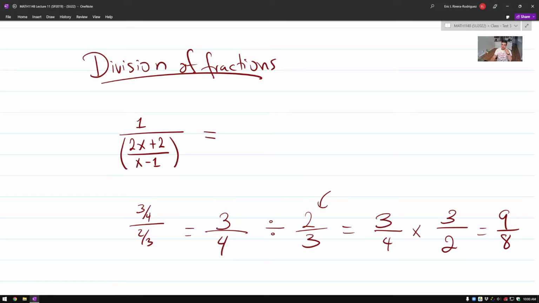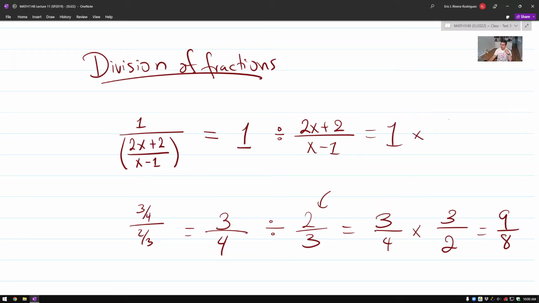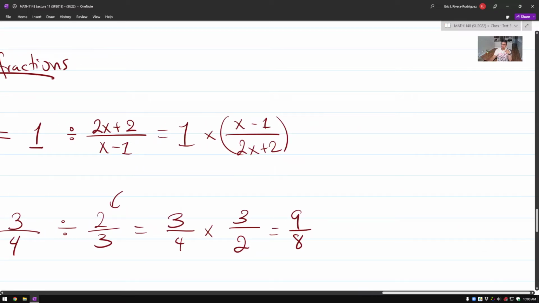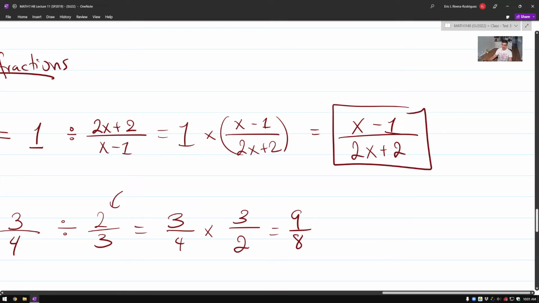Okay, so this is the same as 1 divided by 2x plus 2 over 1 minus x, but we do the reciprocal, times x minus 1 over 2x plus 2, and since we have 1, the value will stay the same, because 1 is a factor in this multiplication, so the product is x minus 1 over 2x plus 2. And this is the final answer.